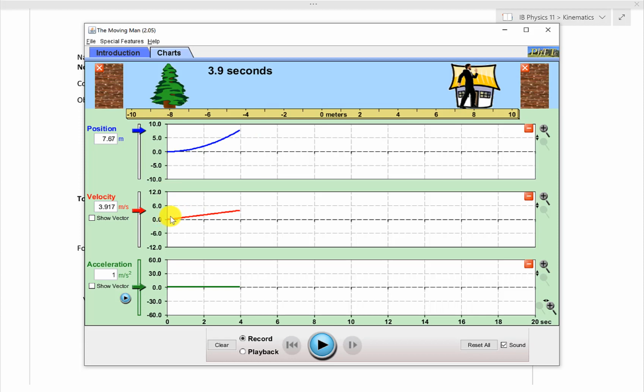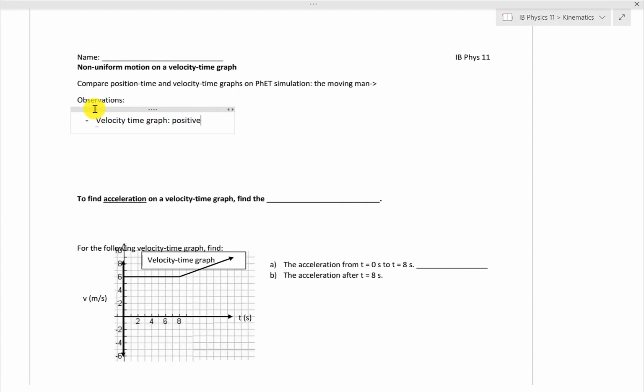Notice that your velocity is increasing as time goes on. Acceleration is just a flat line on roughly the 1 meters per second mark, but we can talk about that later. So notice that on the position time graph, a curve translates into a straight line on a velocity time graph. So that's the first thing we want to write down.